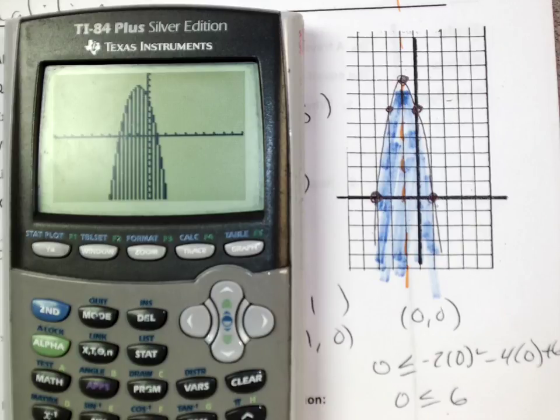Oh, I didn't square it. What's the equation? I didn't square it, that's why.